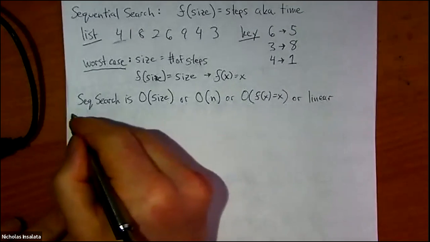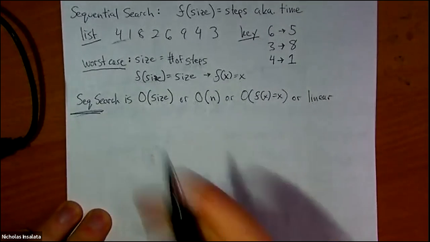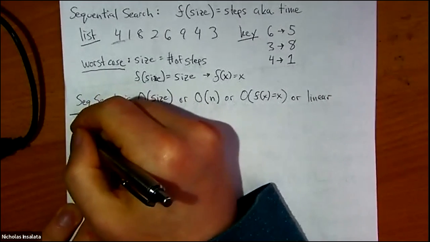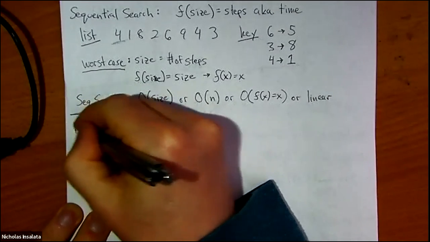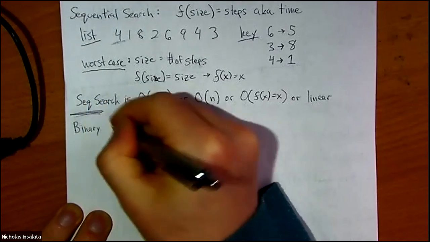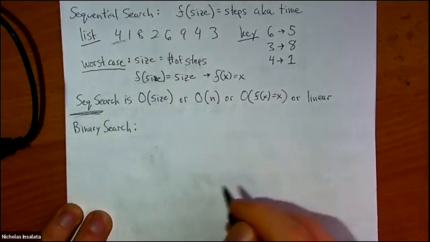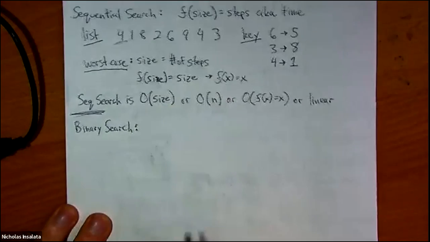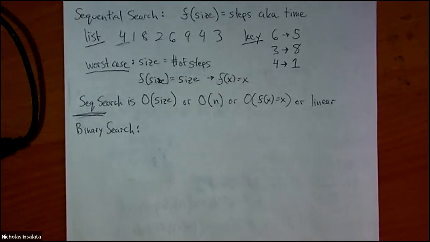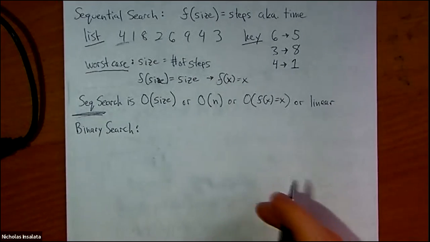So let's do a more interesting one. Right? Let's do a binary search. And let's start off with an example. So in binary search, I'm going to have a sorted list, right? And so here's my list here.